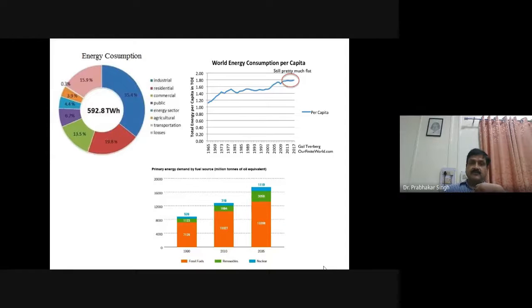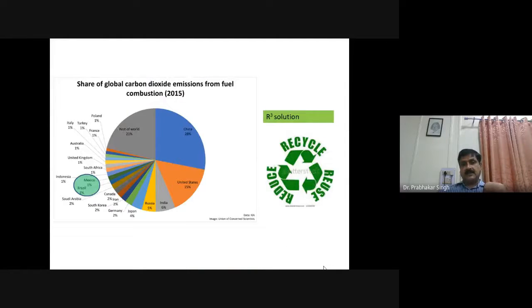If we keep on consuming the fossil fuels, like petroleum, diesel, and natural gases, of course there would be scarcity, and after a few years, maybe 50 to 60 years at maximum, they will peak and then decline. Our demand is increasing day by day, so we have to match it.